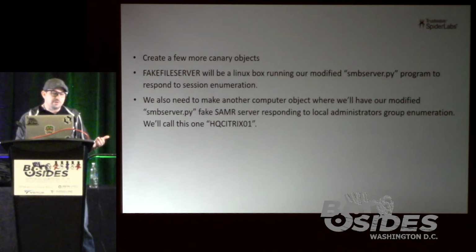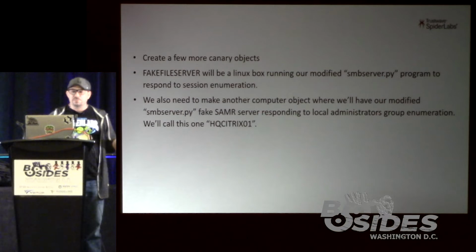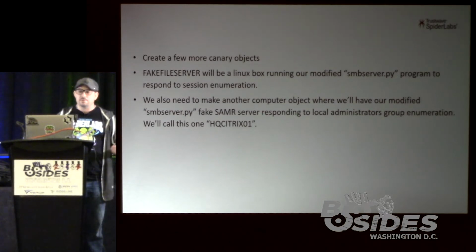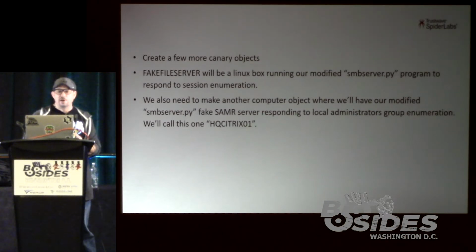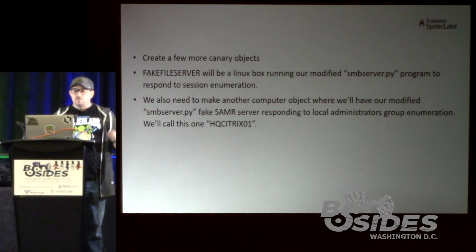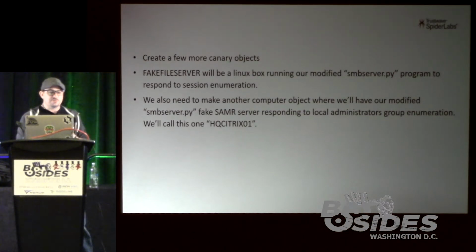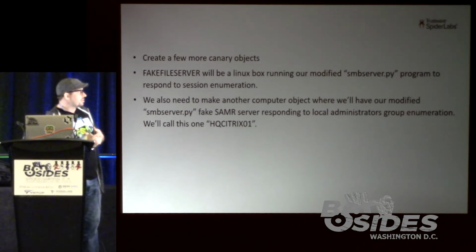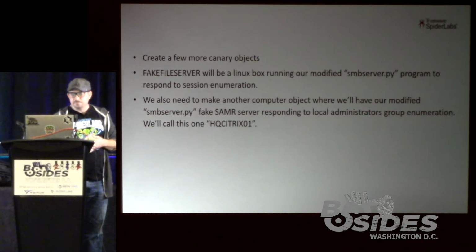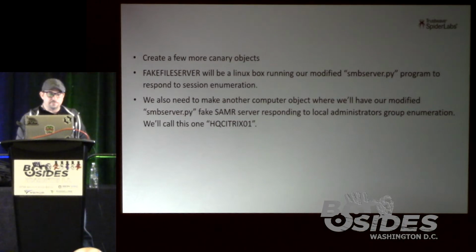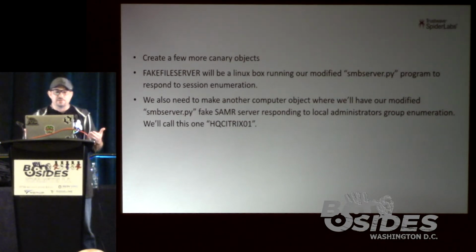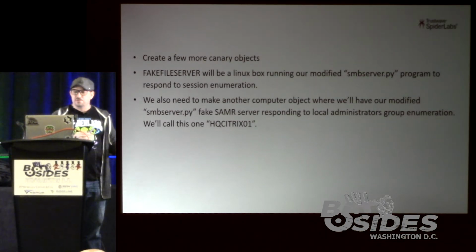What we're going to do is create a few more canary objects. The fake file server will actually be a Linux box, or it could be a container or something running in your environment. It's going to run our fake SMB server program to respond to session enumeration and local administrator group enumeration. Then we're going to make another computer object where that actually resides.